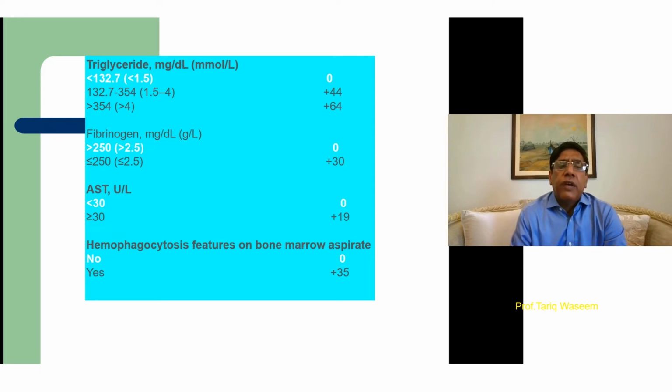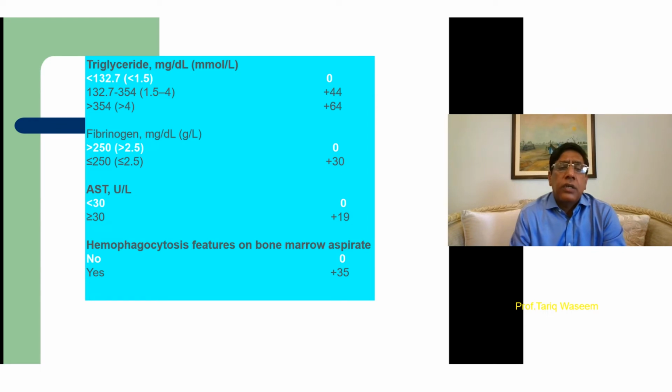So a fibrinogen level of more than 250 would be 0, right? And similarly, a decrease in fibrinogen, which means fibrinogen is being consumed in the formation of fibrin, would be a bad prognostic sign.